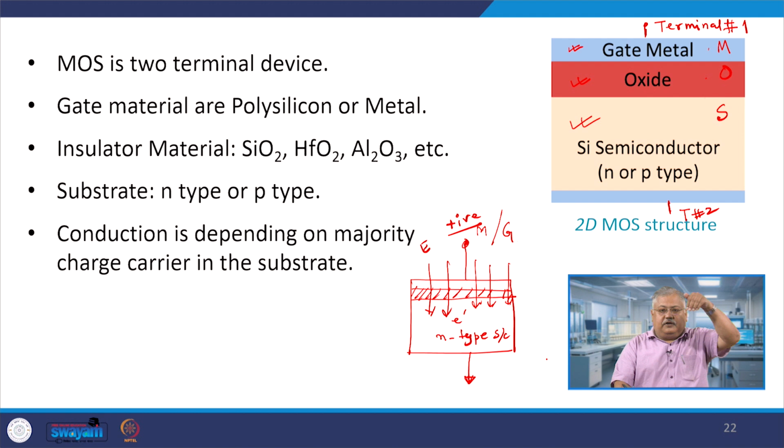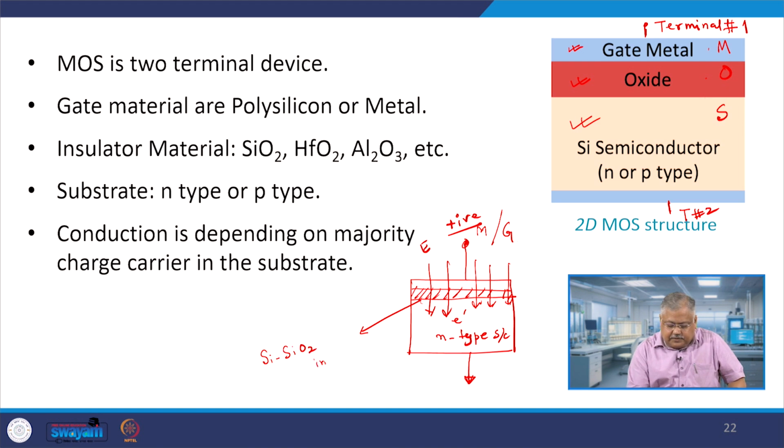Since the direction of the electric field is downwards, the electrons from the substrate will be pulled towards this interface. This interface is referred to as the silicon dioxide interface, right. So, as you give a bias, a large number of charge carriers get accumulated near the silicon dioxide interface.